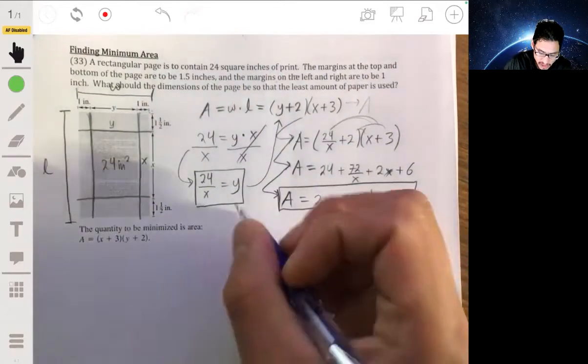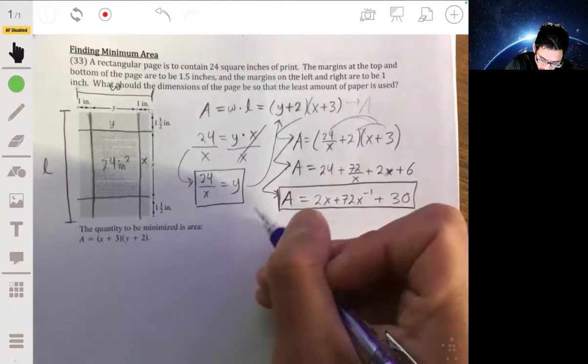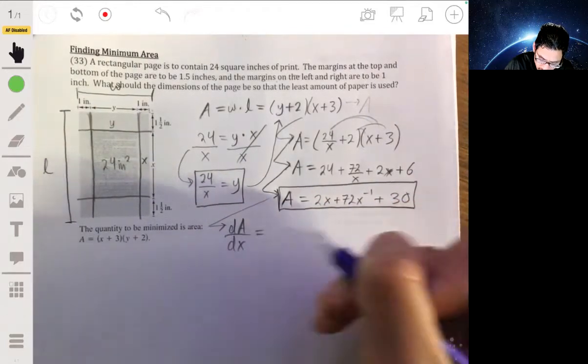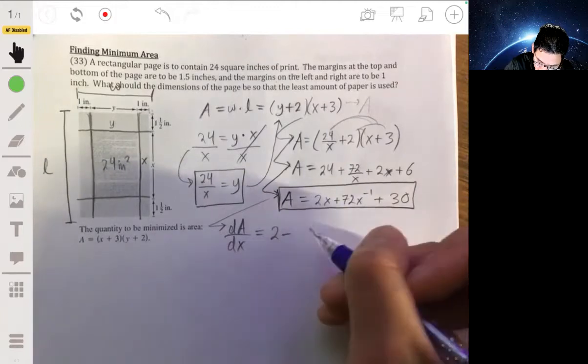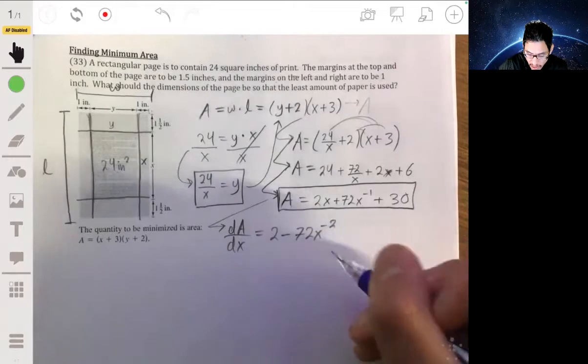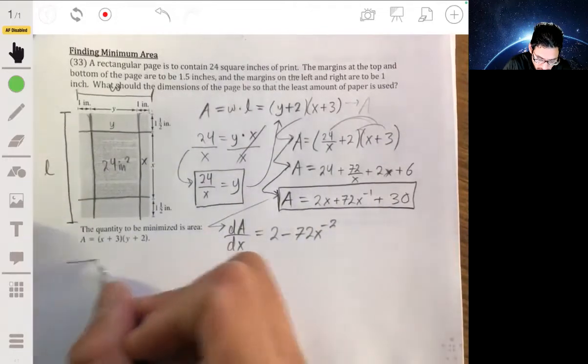So let me now differentiate this with respect to x. I'll get 2 minus 72x to the negative 2. And now let's find the critical values.